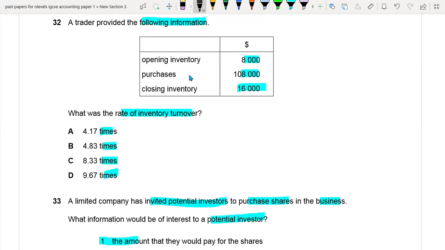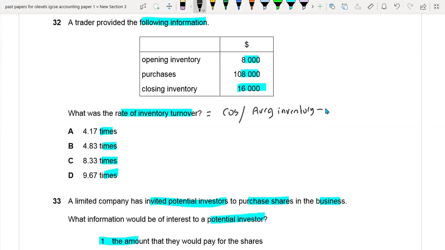We have the opening inventory, closing inventory, and purchases. So simply we will just apply the formula of rate of inventory turnover. So rate of inventory turnover is equal to cost of sales over average inventory. First of all, we have to find out the average inventory.